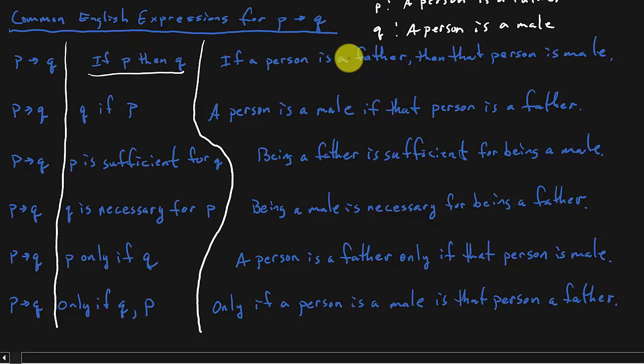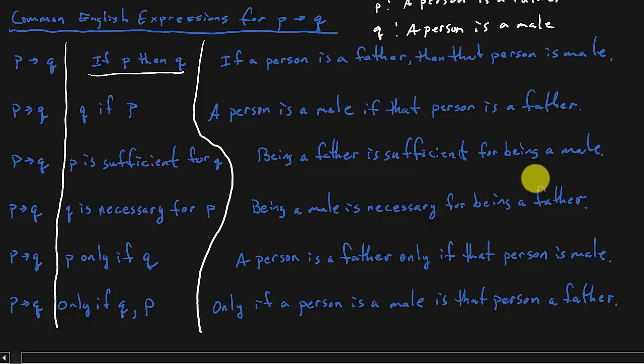So here's your examples. If a person is a father, then that person is male. Okay, so we did that one in the example. And then we've got Q if P. So here's your Q statement. A person is a male if, see the if, that person is a father. And then we have being a father is sufficient for being a male.